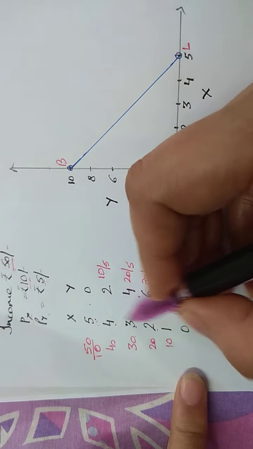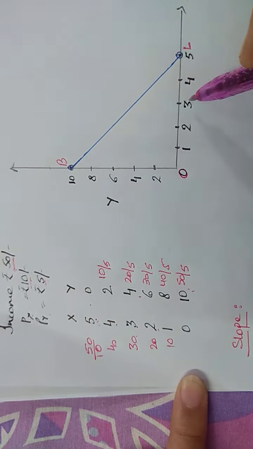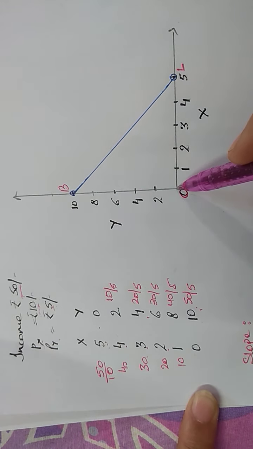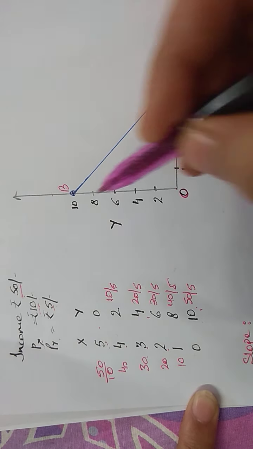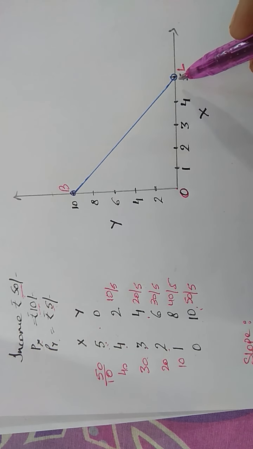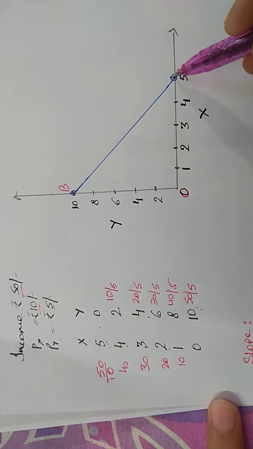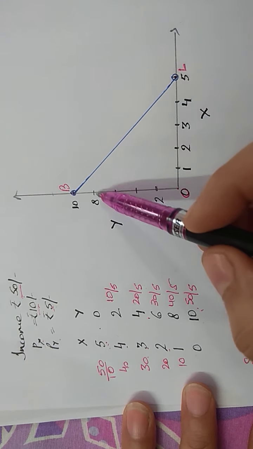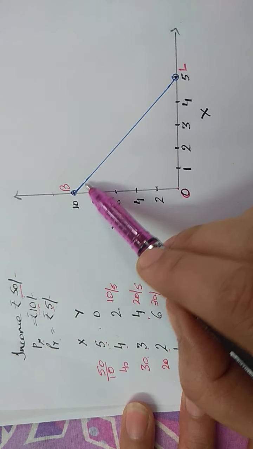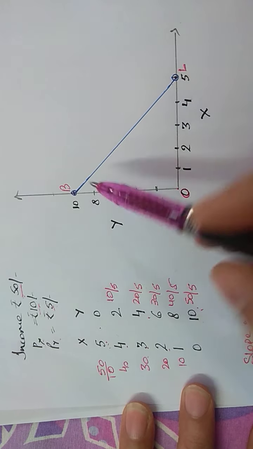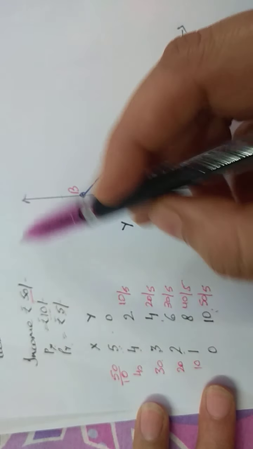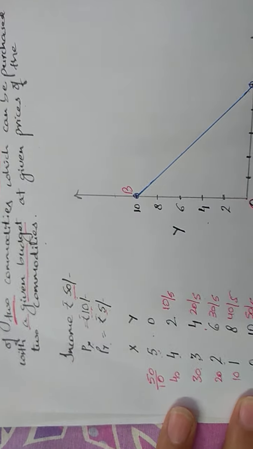So when we plot this combination of X and Y on the graph, we get these points. When he is not consuming any units of X, he is consuming 10 units of Y. So one point is here. If he chooses to spend the entire income on commodity X, then we are able to purchase 5 units of commodity X. And when we join these two points, this is the line which shows various combinations of commodity X and Y which could be purchased with the income of the consumer at given prices of the commodities.